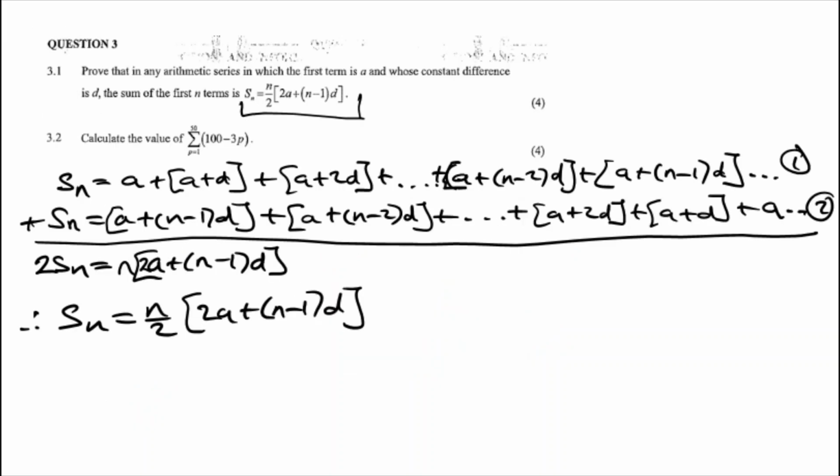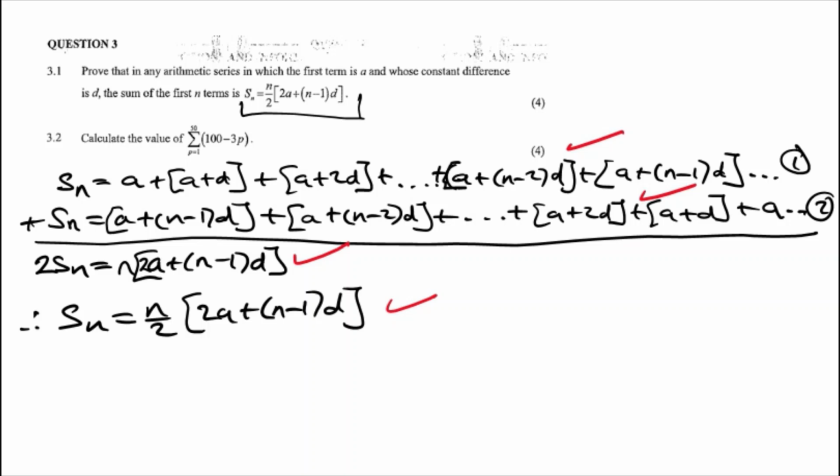Then we move on to the next question. When we are proving the sum of an arithmetic sequence, your first mark there is for your first equation or your first series, and you get a mark for reversing this series, and then you get a mark for adding them, and then you get a mark for dividing by 2.